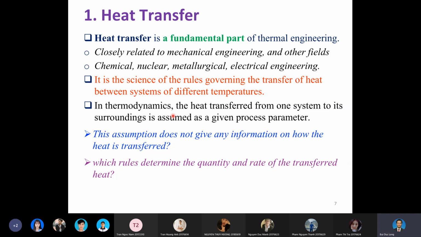In thermodynamics, the heat transfer from one system to its surroundings is assumed as a given process parameter. So the question is, this assumption does not give any information on how the heat is transferred.